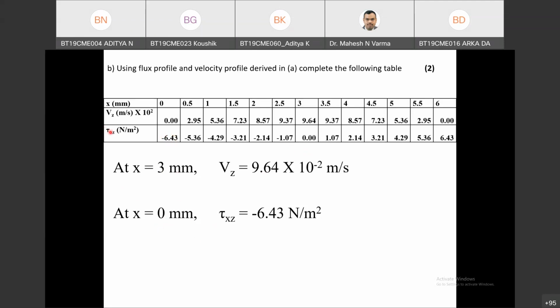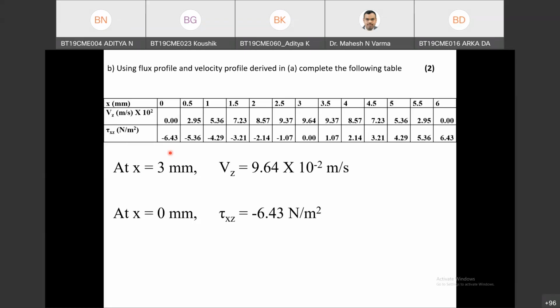Here all suffixes are given. How are you calling it negative z direction? I am discussing z momentum flowing in x direction. So where is z direction coming? So what is tau xz? Tau xz is the z momentum flowing in x direction. Where is the negative z direction coming in here? So what does this negative sign indicate then?